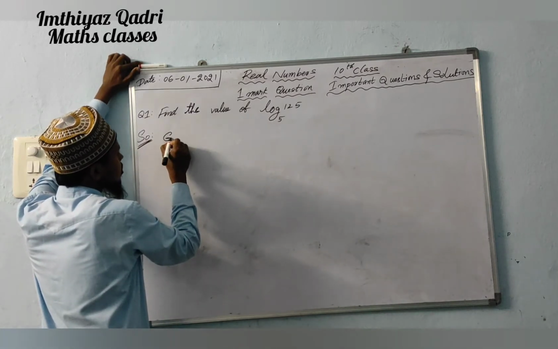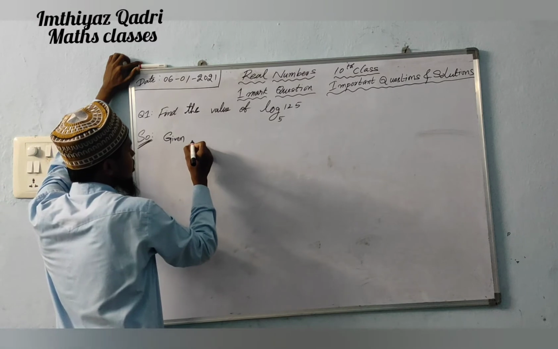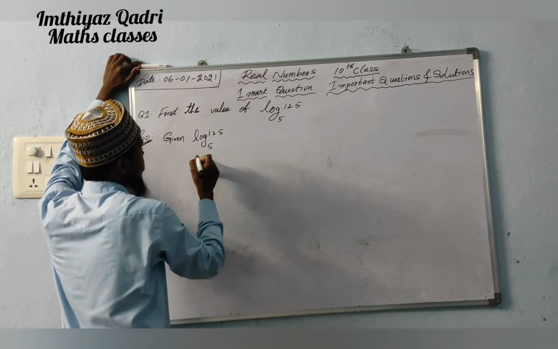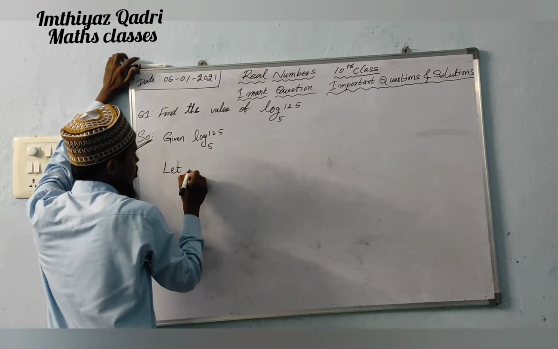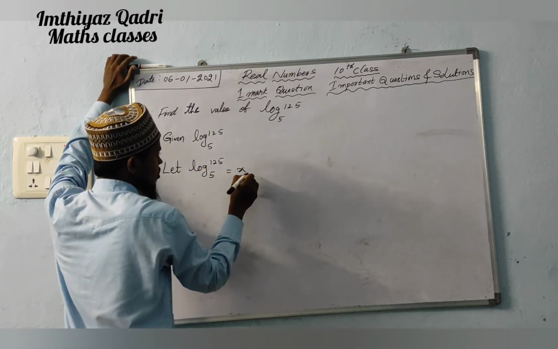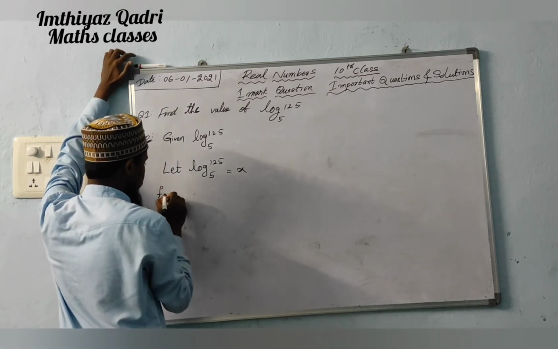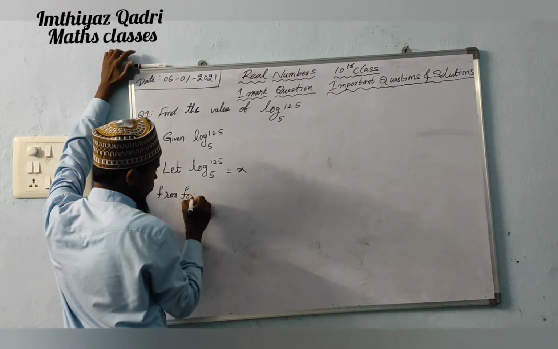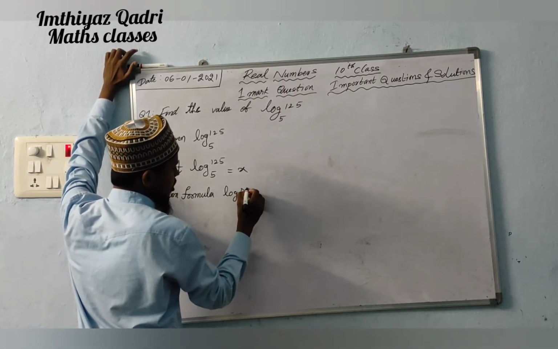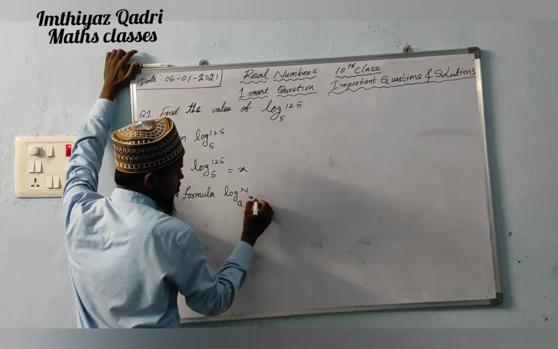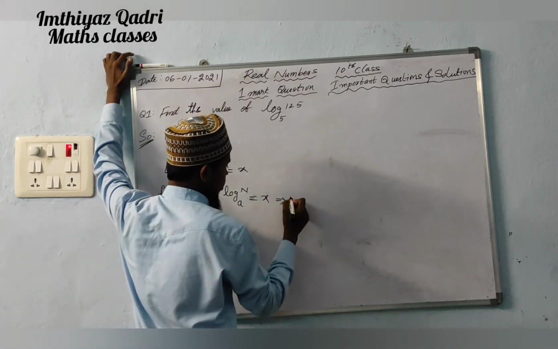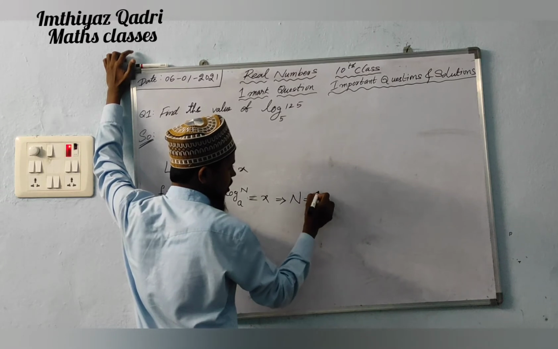Solution: given log of 125 base 5. Let log of 125 base 5 is equals to x. From formula, log n base a is equals to x implies n is equals to a power x.